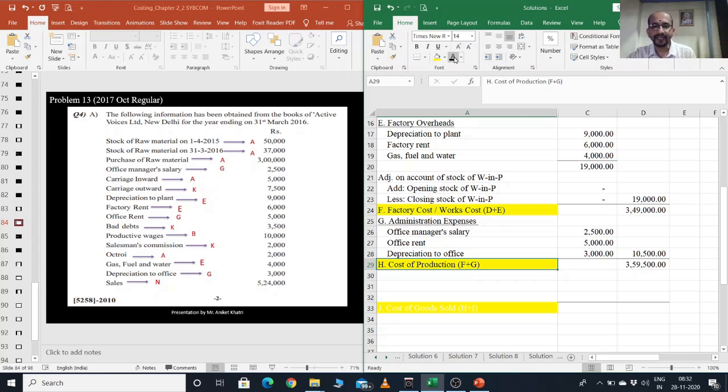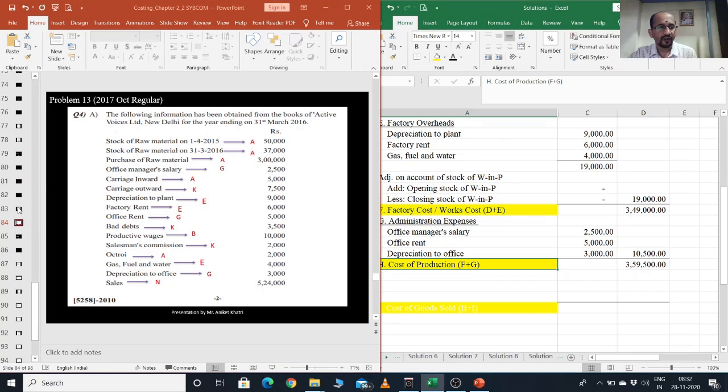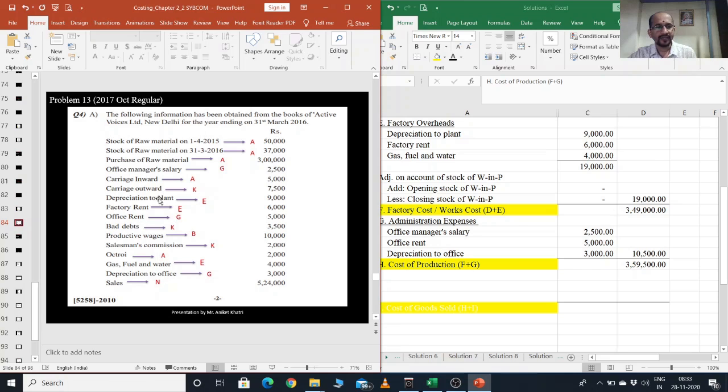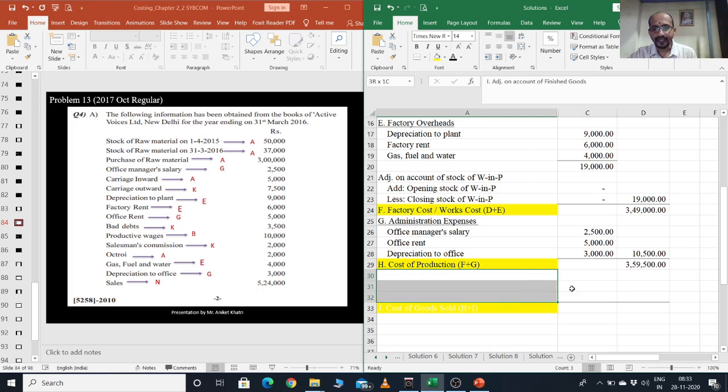We have calculated it by adding the F item and G item. Okay, so again now see the format. I item, that is the adjustment on account of closing stock, but in this example that adjustment is not there, right? So we just write it and keep it blank.